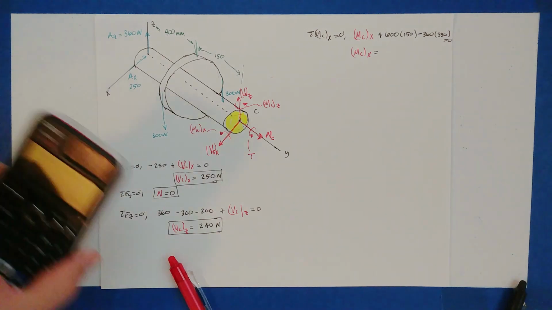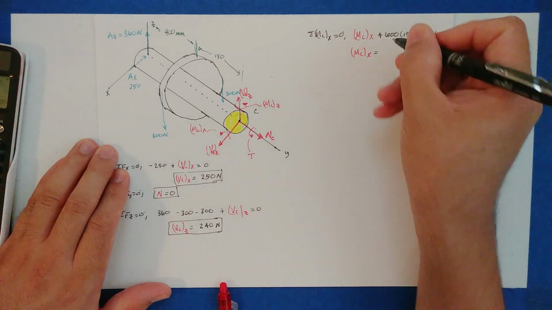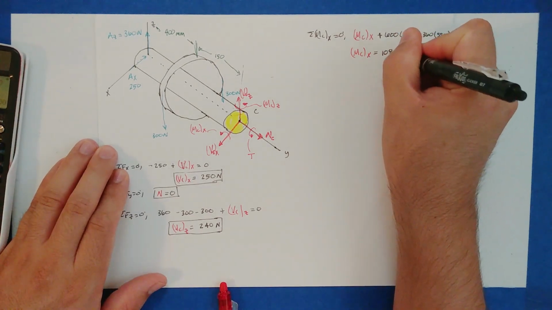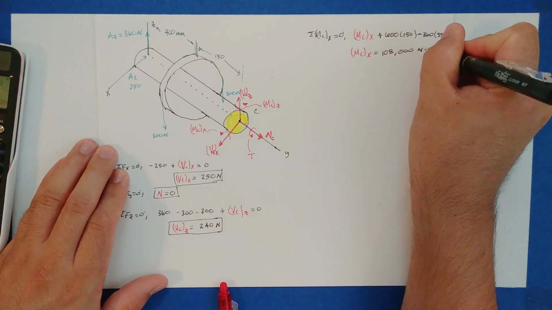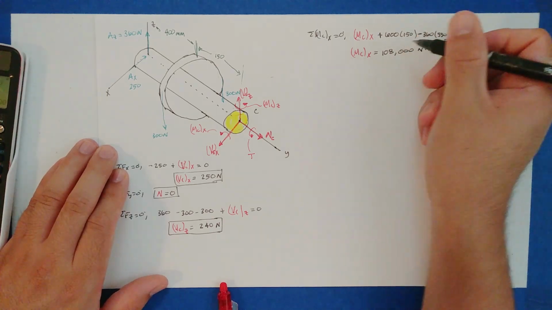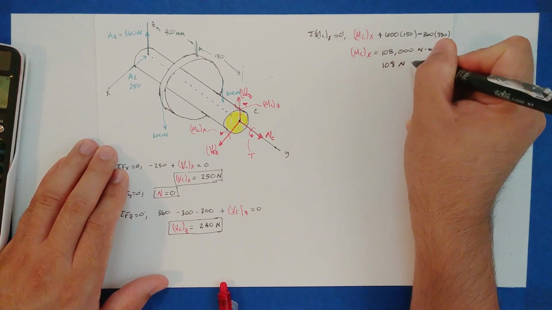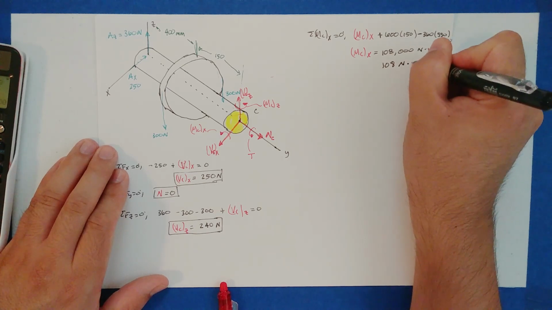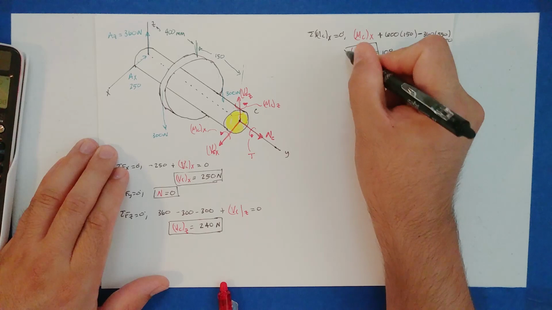And this is giving me a moment of 108,000 Newton millimeter, or that's way too big, right? So let's just move the decimal 3 spaces and just call it 108 Newton meter. So this is for this guy.